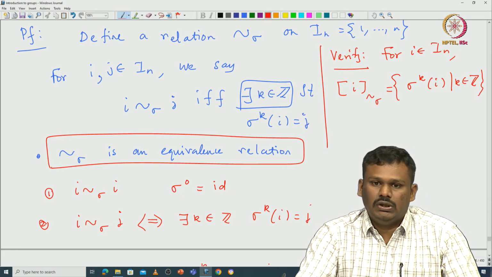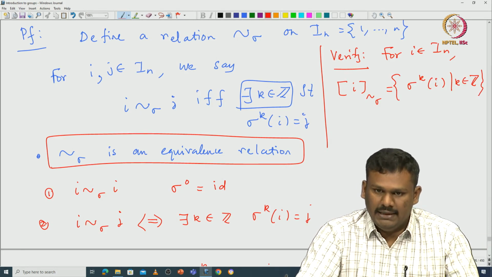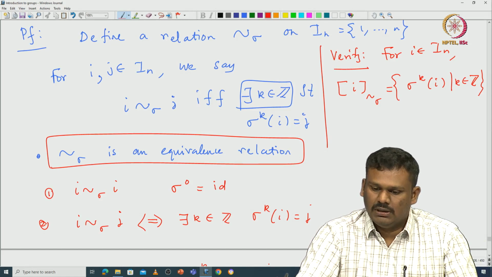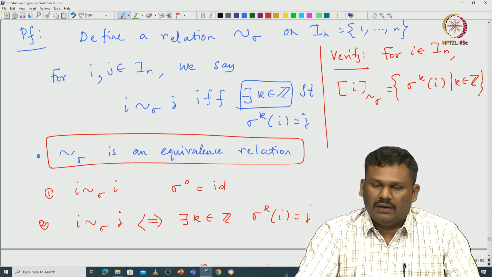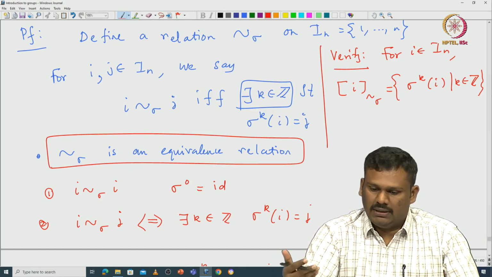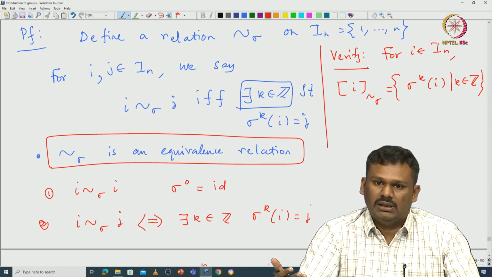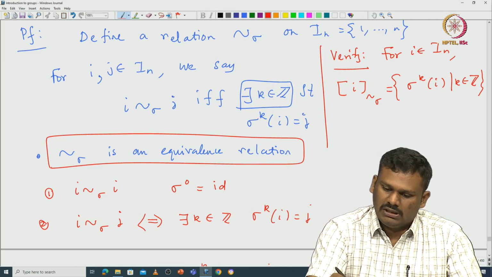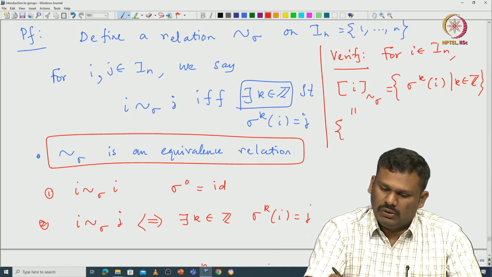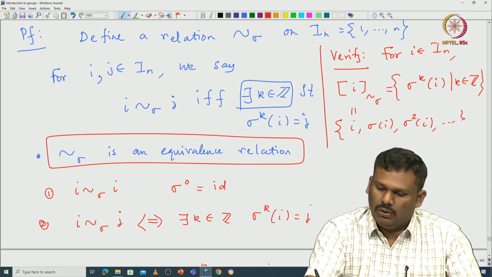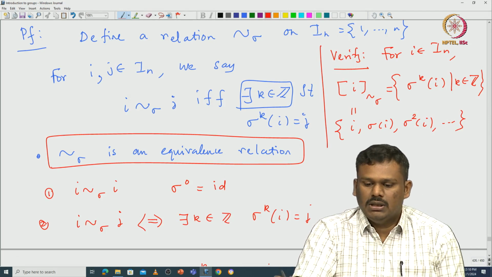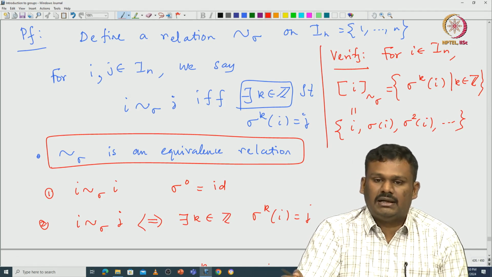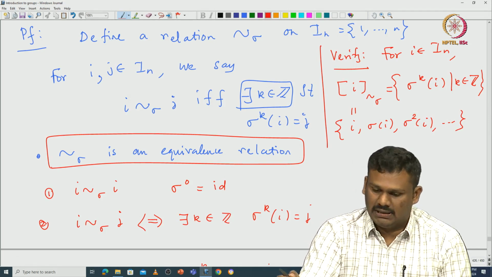It is basically you apply sigma on i repeatedly, and whatever indices you get will be your equivalence class. This is also the same as you take i, apply sigma on i, and so on, and you go along like this. So this is exactly your equivalence class.